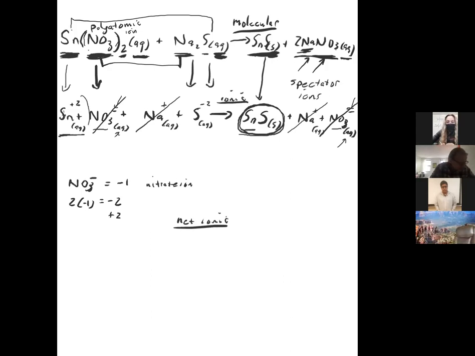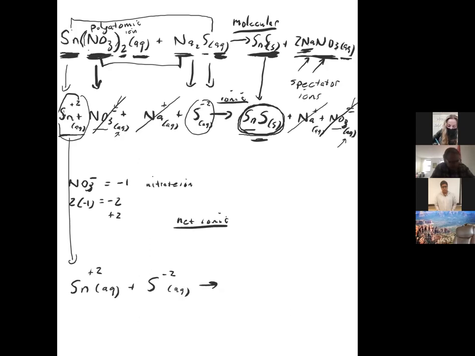You've got tin, you've got sulfide. Those are the two ions that are going to make the solid. So you just copy them down. Sn plus 2 aqueous, S minus 2 aqueous, and then SnS, solid. There's your net ionic equation.